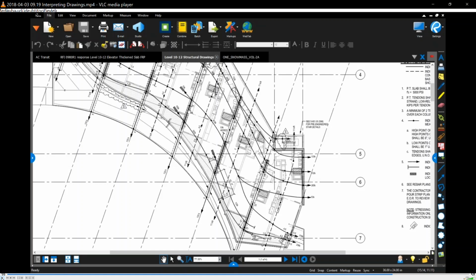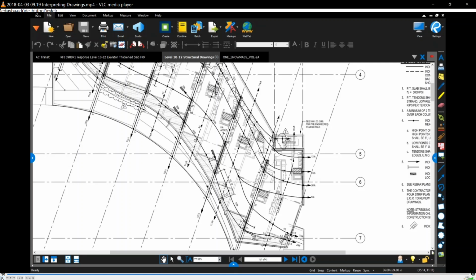Well, that doesn't tell you what to install, so our shop drawings say, put 2 layers CUC at 44, exactly where it goes. Here, on these contract documents, the engineer's done the calculations to say we need 34 kips of post-tension force, but no detail about how to get the 34 kips of post-tension force.